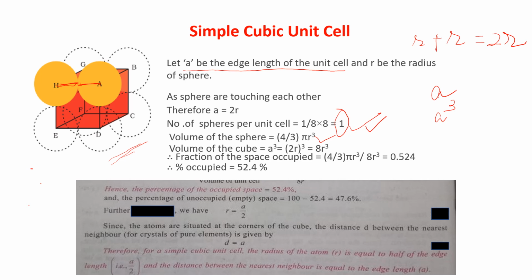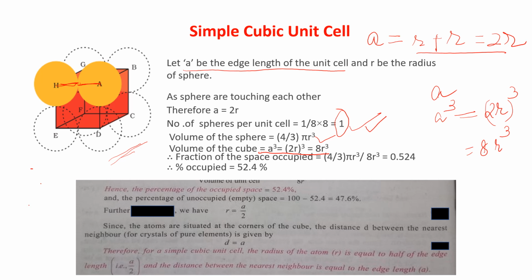Now a is equal to r plus r, which is 2r. So a cube is equal to 2r whole cube, which is 8r cube, that we have got here. a cube is equal to 8r cube.